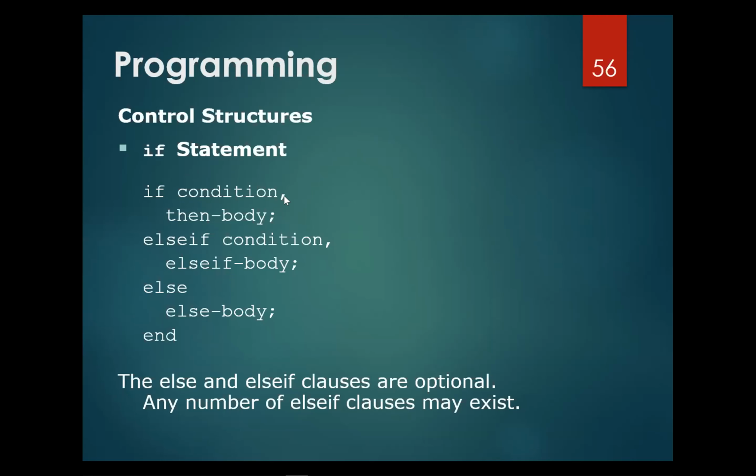Here, this is the true statement. That is, if the condition is true, this is the instruction or statement that you execute, the body. If the condition is false, then you come to the else.